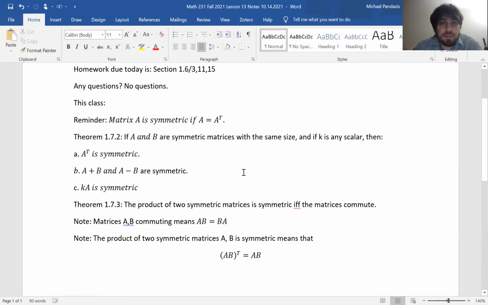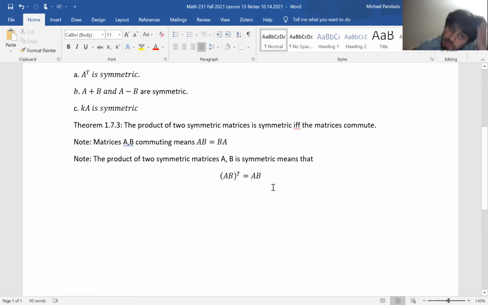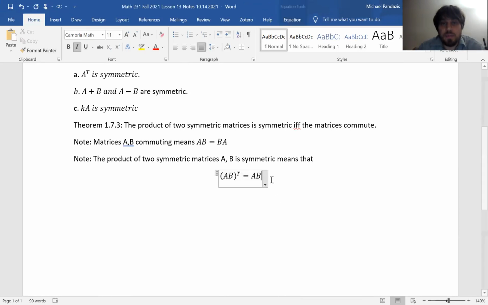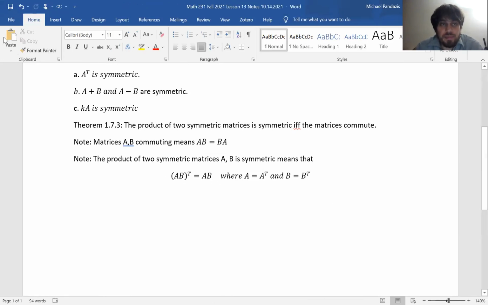So the transpose of AB equals AB, where A equals A transpose and B equals B transpose.